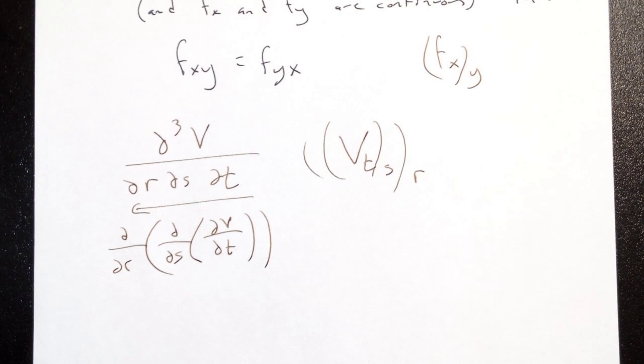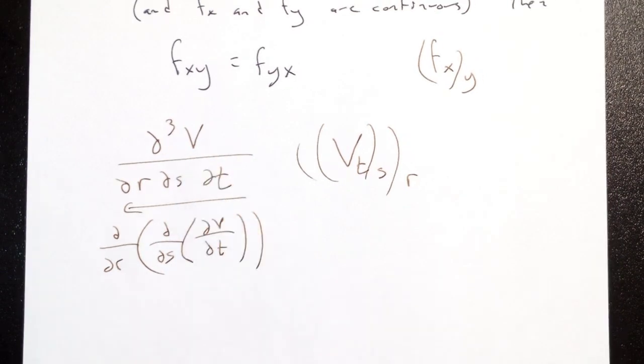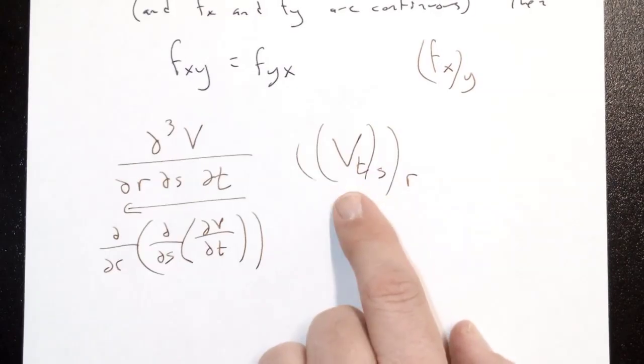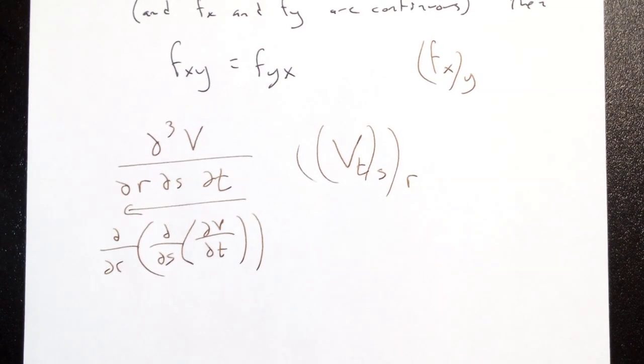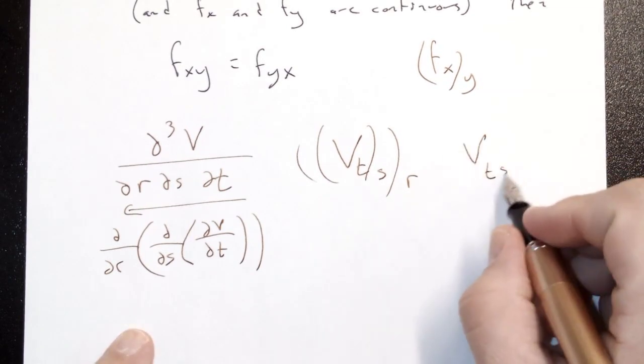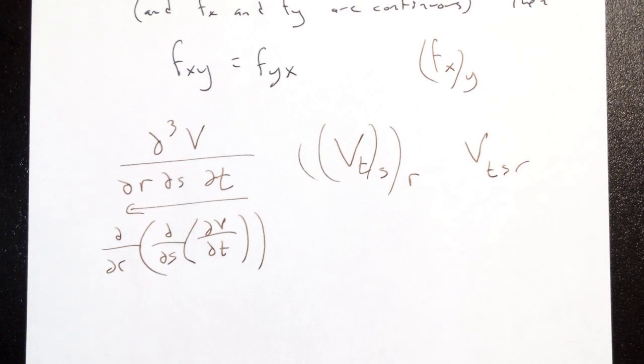F of x, right? The "of" is in the parentheses. Writing it like this makes it more confusing. I don't like it. But writing it like this, T is the inside, so it makes more sense. So really, this is V_TSR. I prefer the D notation down here, because it reads as function of, and that makes sense.